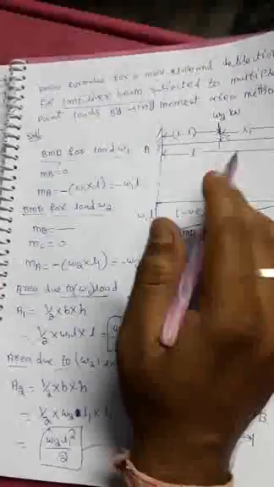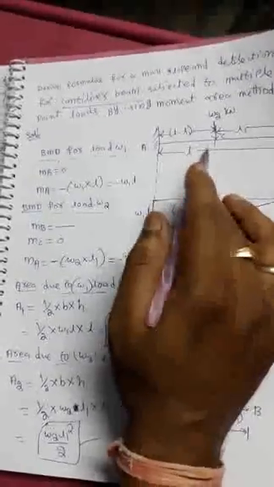Next, the area of the total diagram. First we find the areas separately, and then A1 plus A2 gives the area of the total diagram. So the area of this cantilever beam is nothing but A1 plus A2.